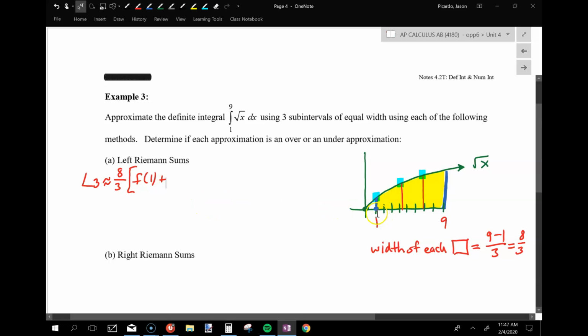All right, guys. Now think about the last problem. How do I get from here to here? I had to increase by 1 width of the rectangle, right? So isn't this next value going to be F of 1 plus 8/3?